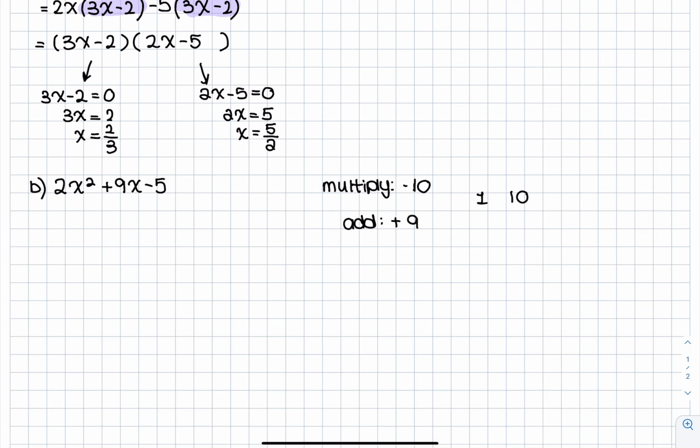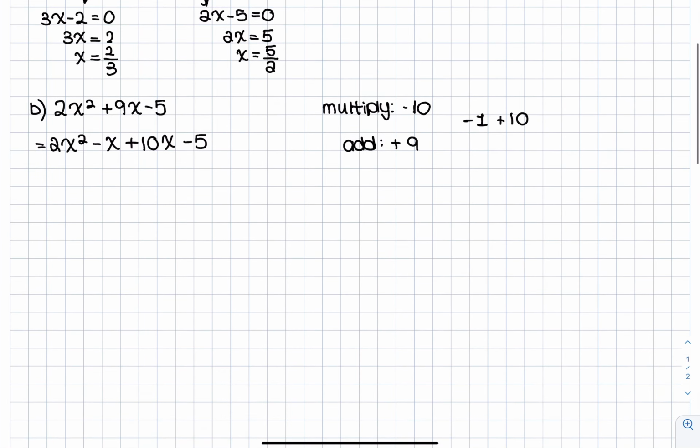So if we make the 1 negative and the 10 positive, that adds to positive 9, multiplies to negative 10. Same idea, we're going to put our two numbers in where our 9x was. So we have 2x squared minus x plus 10x minus 5.